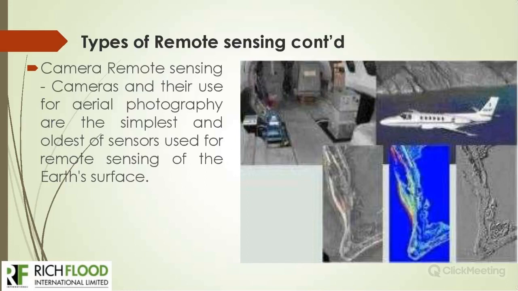And also the camera remote sensing, which uses aerial photographs. They are the simplest and oldest sensors used for remote sensing of the Earth's surface. So before the arrival of the satellite system, the oldest form of remote sensing was the camera remote sensing, whereby cameras were attached to aircraft and flown over certain regions or locations to study information about this area.